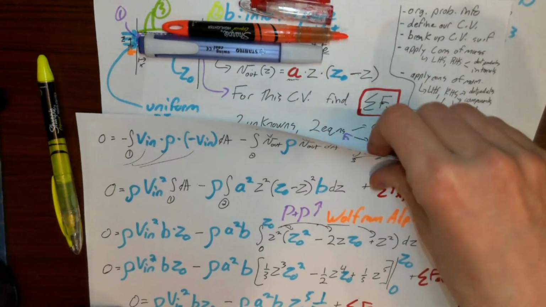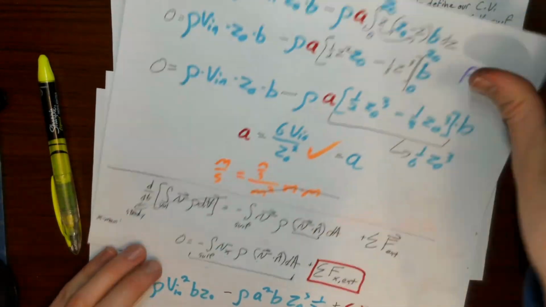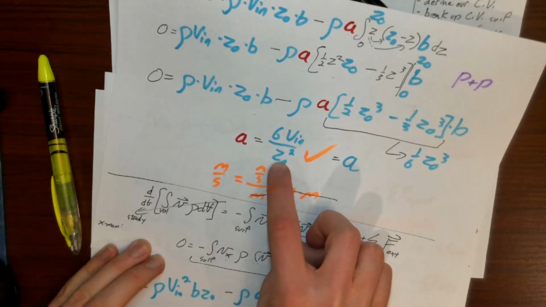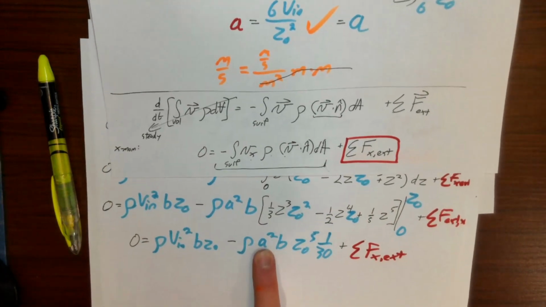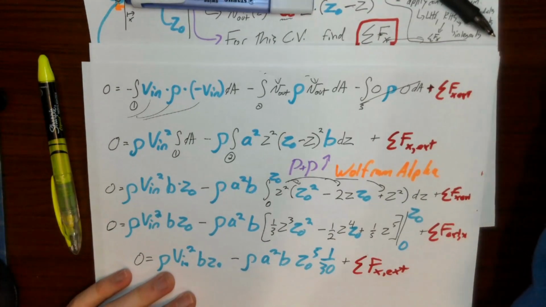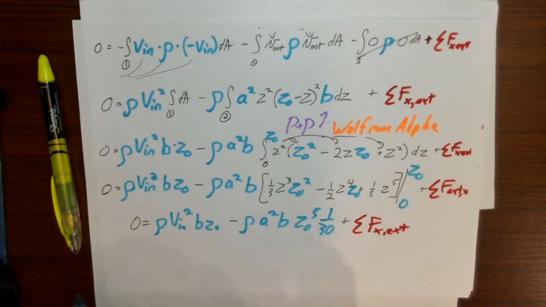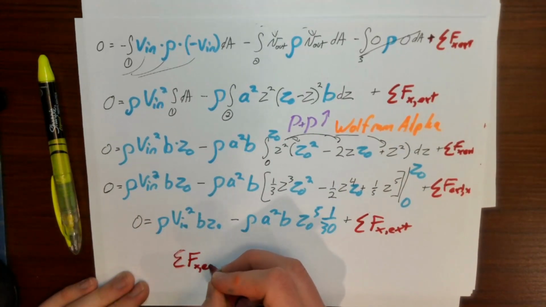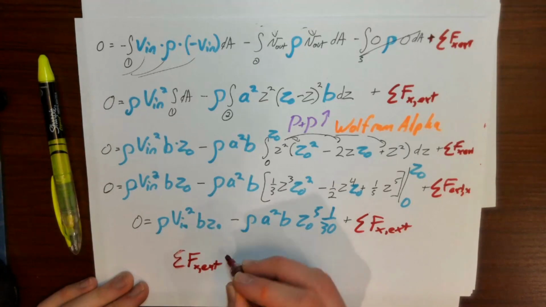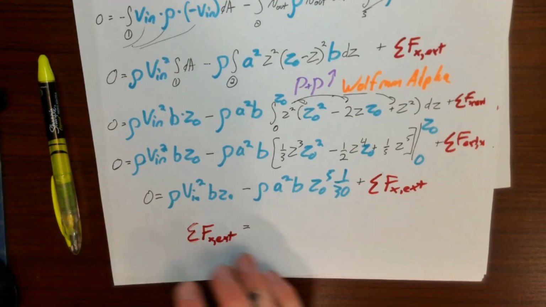And then if you go back to the result that we got earlier for whatever a was, 6vn over z naught squared, and you plug that in for a squared right here, and then solve the whole overall equation for the sum of x external forces, you end up with the following result.